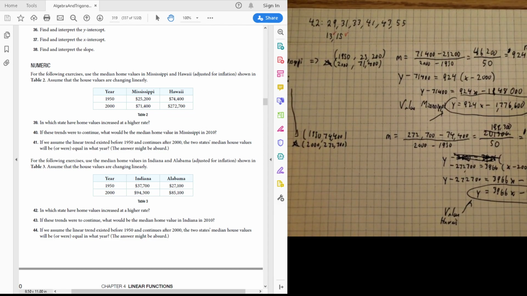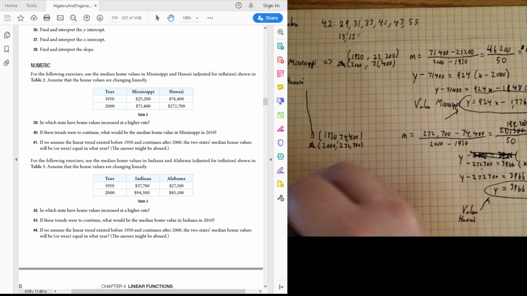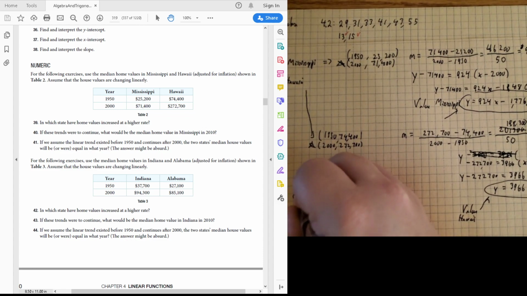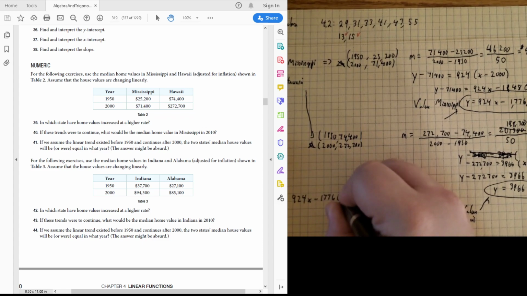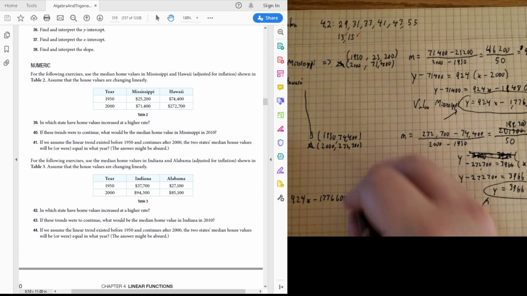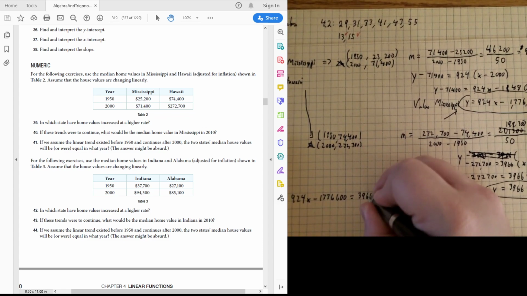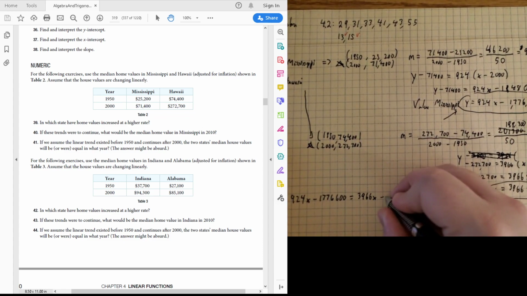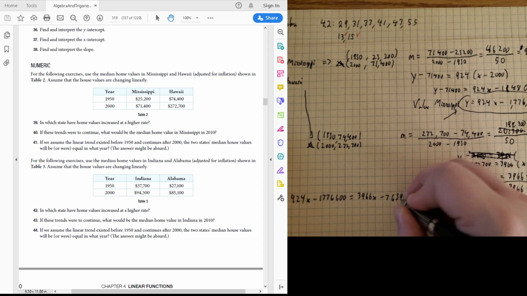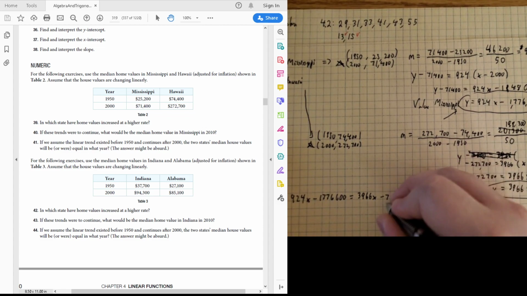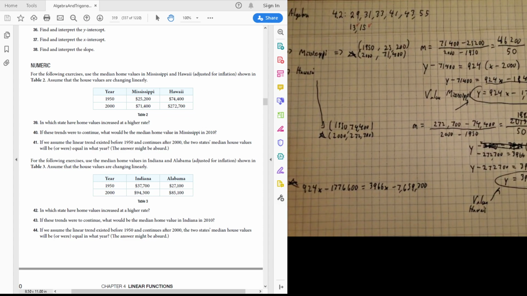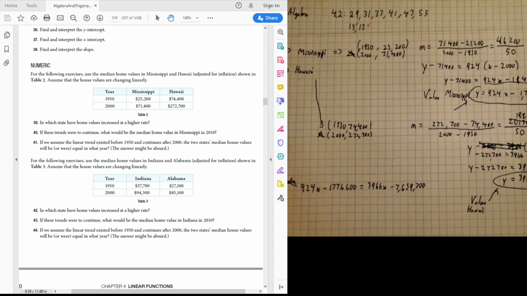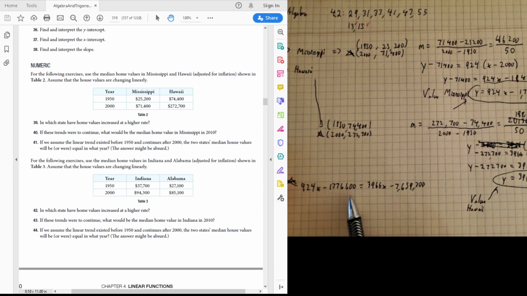So if it asks when these two are going to be equal, what it's really saying is, when will that top equation, 924x minus 1776600, equal this bottom equation, 3966x minus 7,659,300. This is an important step because the question asks, when will the values be equal? Well, I need to know the equations so I can take them and make them equal to each other.